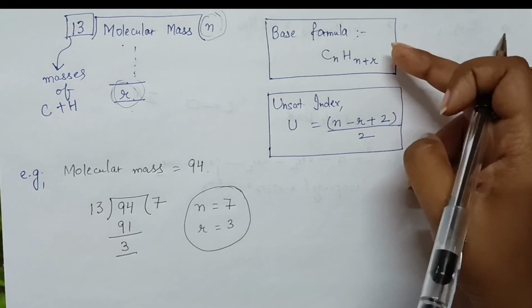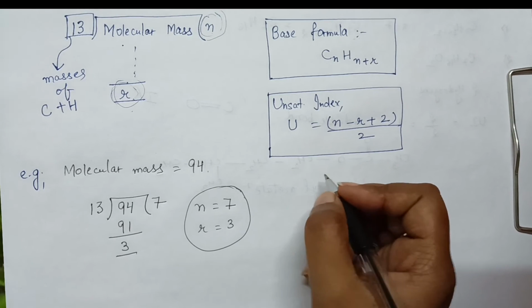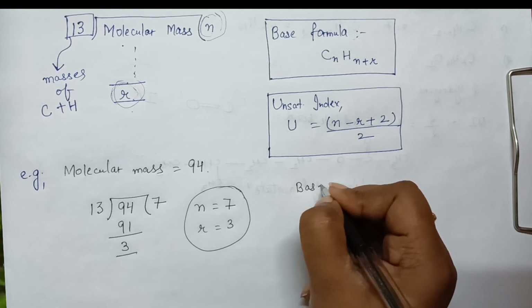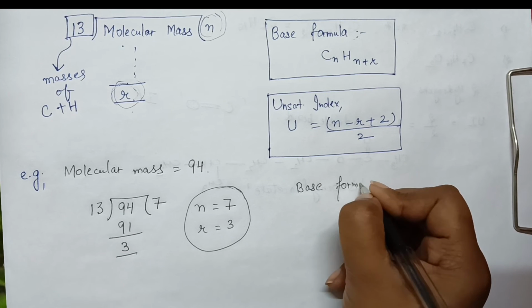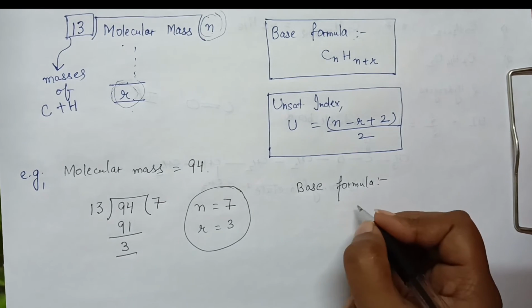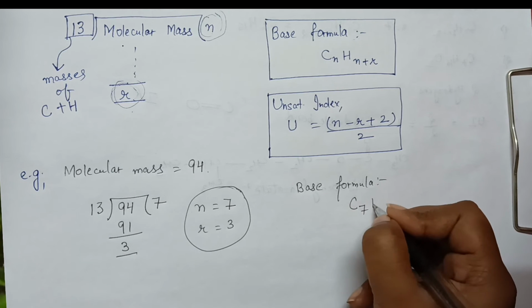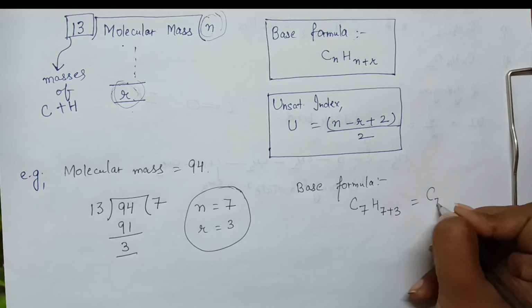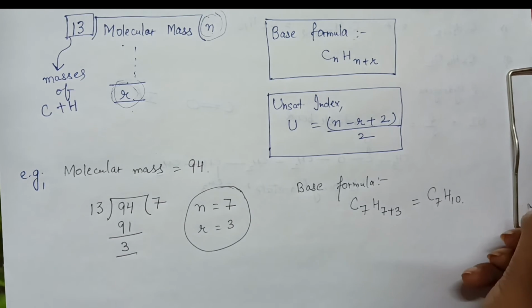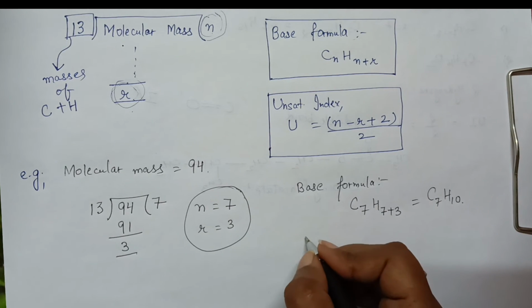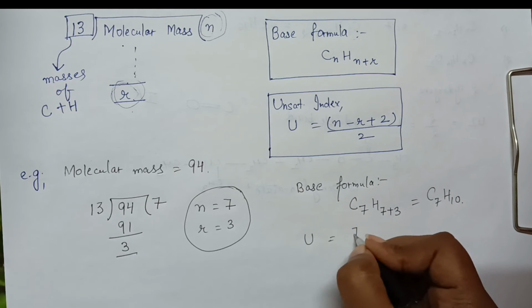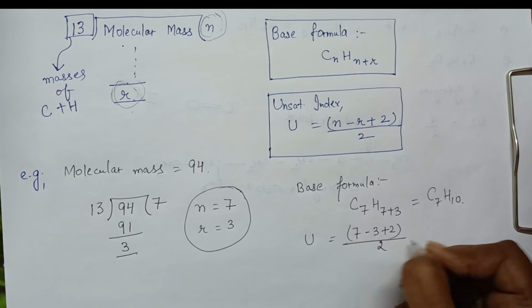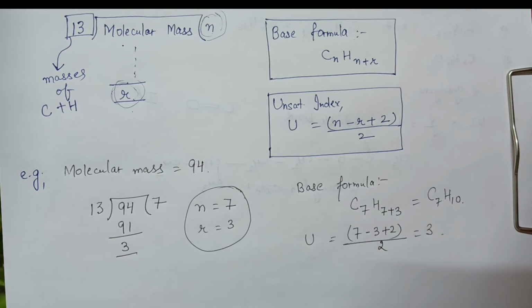These two values we have got. Now using these two formulas we will get the base formula and the unsaturation index. For the base formula, C7H(7 plus 3), this will be C7H10. This is the base formula. Now for the unsaturation index, it will be (7 minus 3 plus 2) divided by 2, that will be 3.